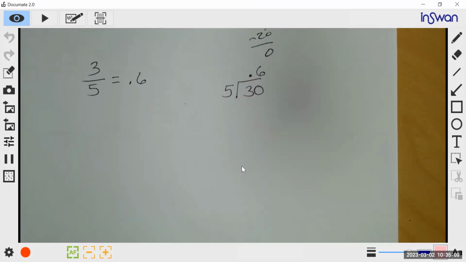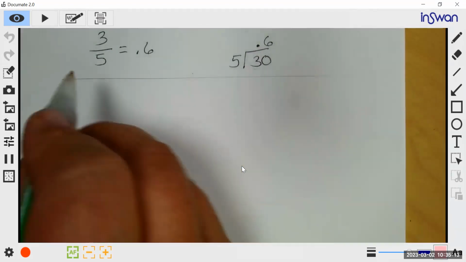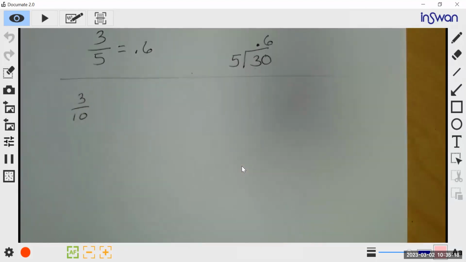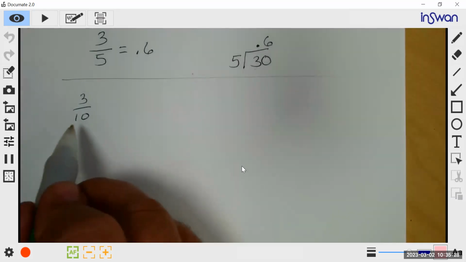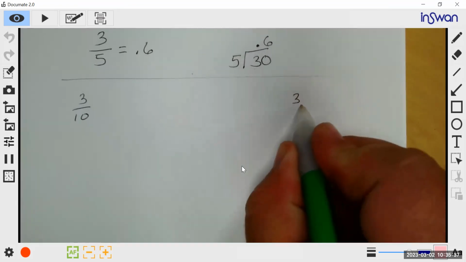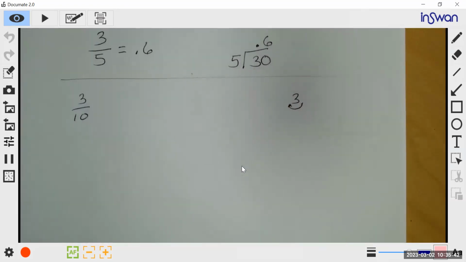Now, there's another way we could have done that. What is 3 divided by 10? With numbers like 10, 100, and 1,000, since our numeric system is base 10, a decimal system, each step you move is tens.